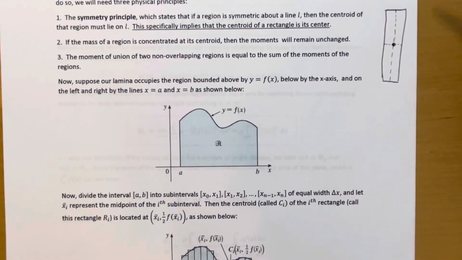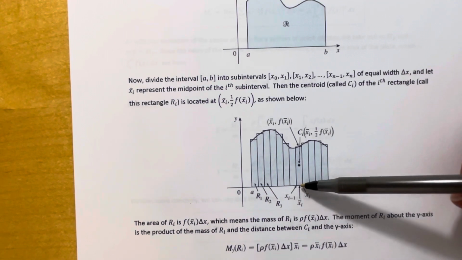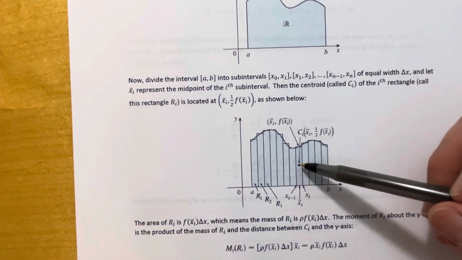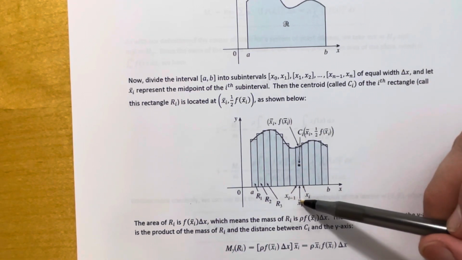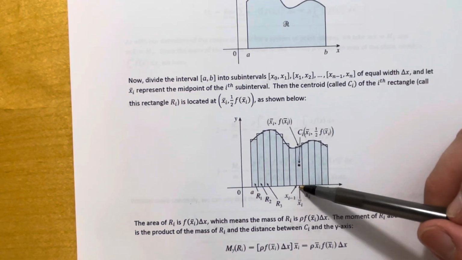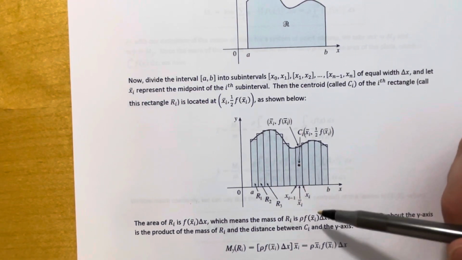As we've seen, the center of a rectangle is its centroid. That's from that first principle. So if I'm looking at my ith rectangle right here, I want the coordinates of that centroid. The x coordinate would just be x_i bar, because x_i bar is the midpoint of that interval, so that would be right in the center.